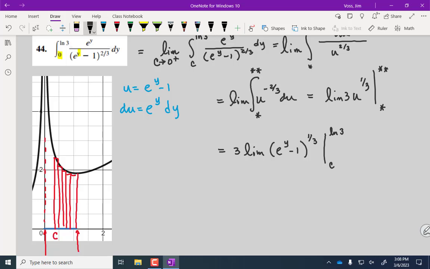Now we evaluate. Any questions up to that moment before we evaluate? Feeling good? Is there any time where you're not going to be using u sub, or is it always going to be u sub?